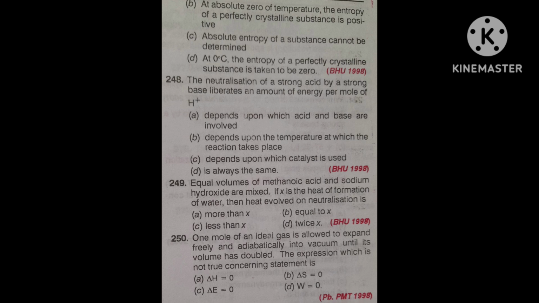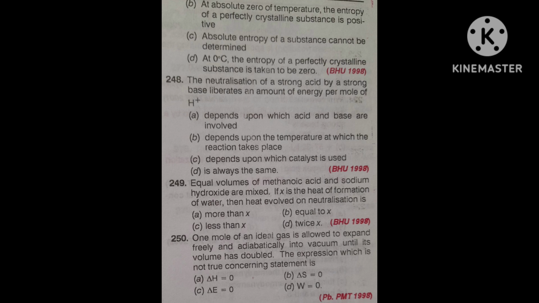For which of the processes is delta S negative? Delta S means entropy change. First reaction, H2 gas is converting to 2H gas, atomic form.